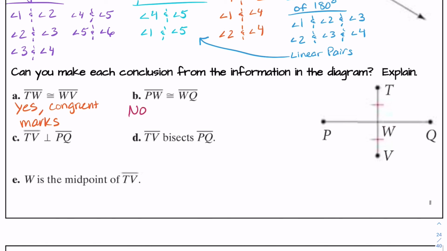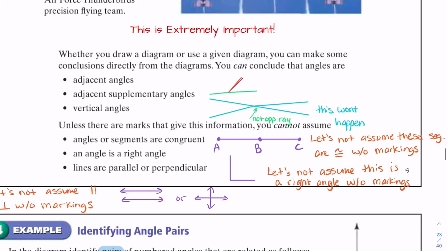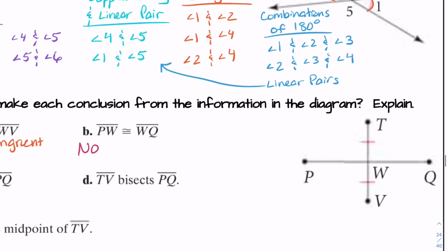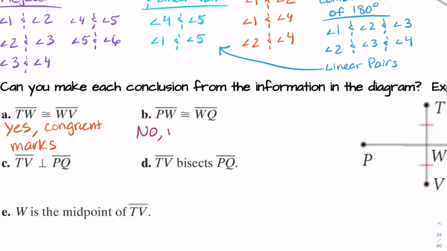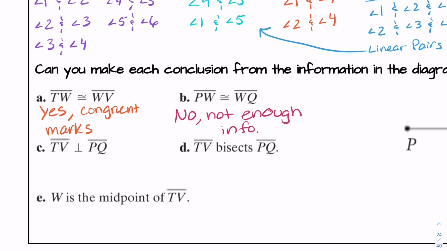No, there's not. Again, we can't look at fake tick marks and add them, right? We don't know. That came from our prior slide. So the answer here is no, not enough information. We can't fake tick marks. We can't put them in unless they're given, or there's other information like PW is 5 and WQ is 5. Then we can say PW equals WQ, so then PW is congruent to WQ, but we don't have that information.